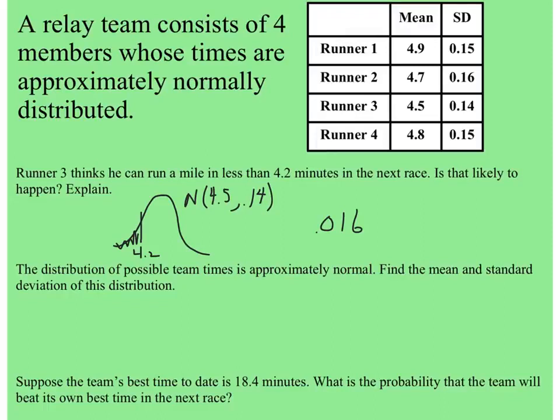The distribution of possible team scores is approximately normal. Find the mean and standard deviation. Well, of course, the expected value, the expected total time, is simply saying, well, let me add up all of their individual times. I end up with 18.9 minutes.